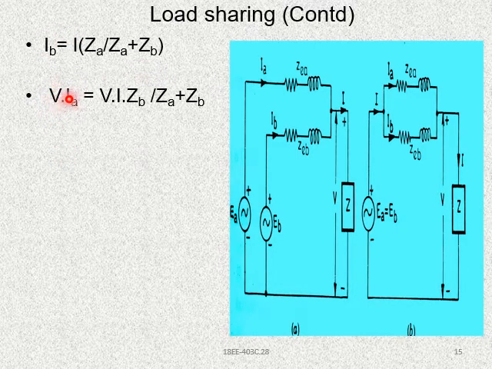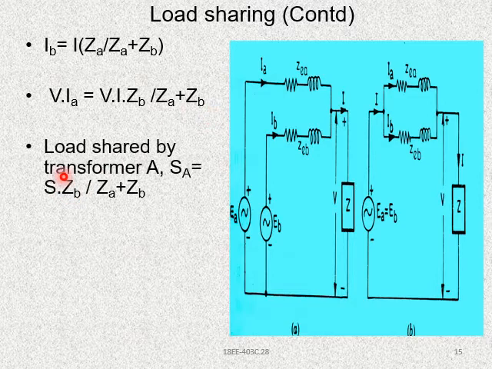So from that, V into Ia is equal to V into the Ia value, which is I into ZB by ZA plus ZB. Now the load shared by transformer A, that is SA, is equal to S into ZB by ZA plus ZB.